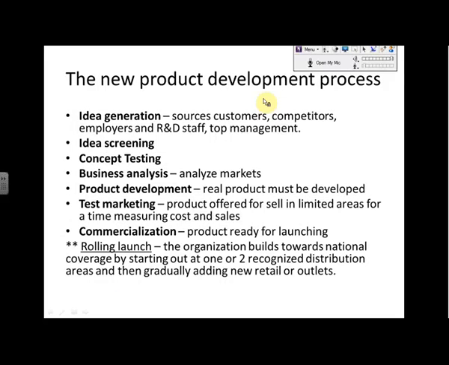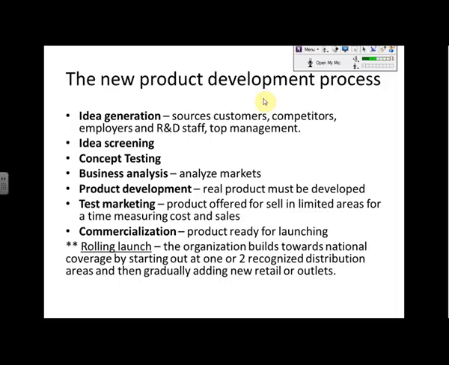The new product development process. Now, for an organization, a firm, a company to develop a new product, they have to go through a certain process. The first stage of that process is what is commonly known as idea generation, where within that organization, people have to sit together and try and come up with ideas.